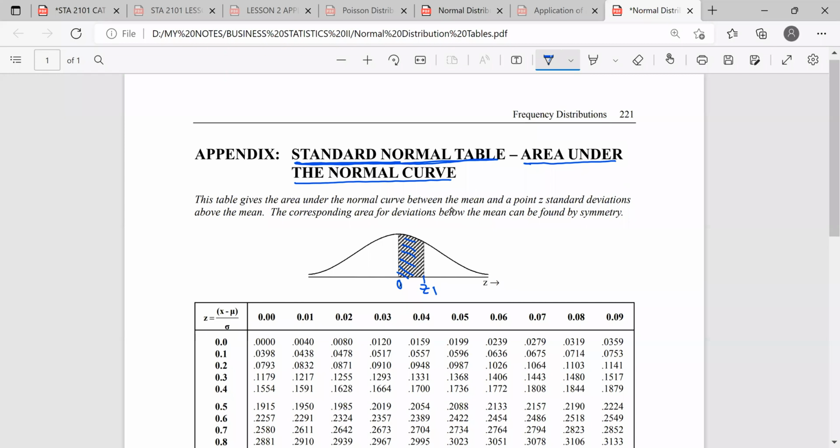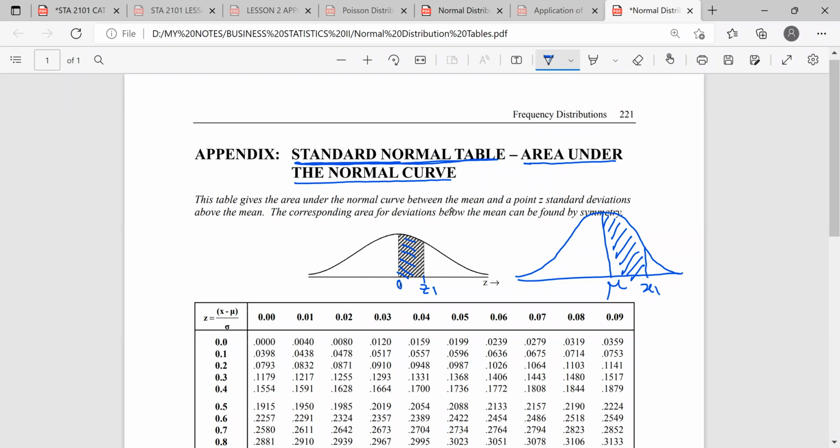It is the same as if I'm using x: this is mu, and then here you have a value x1, the area under the curve between the ordinates at x is equal to mu and x is equal to x1.